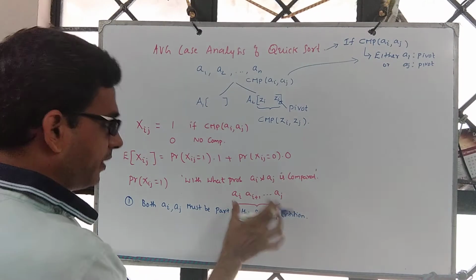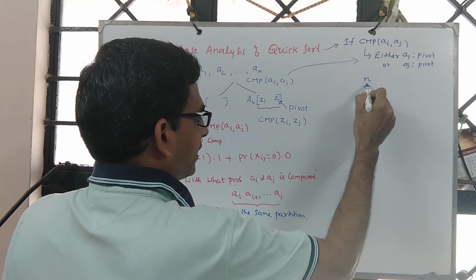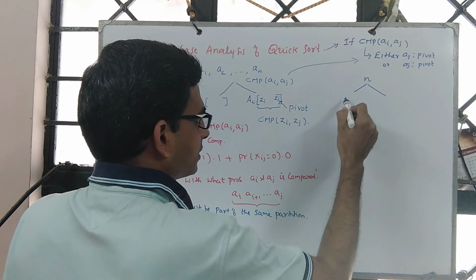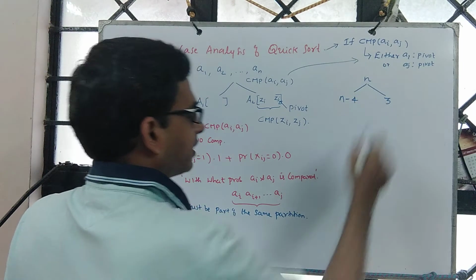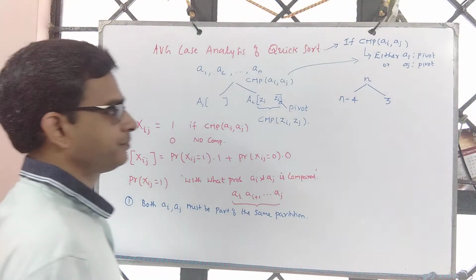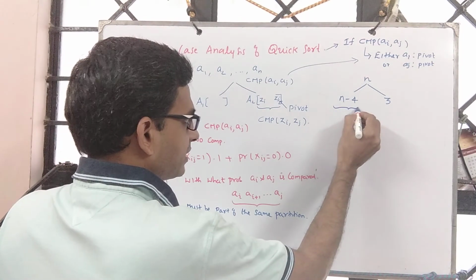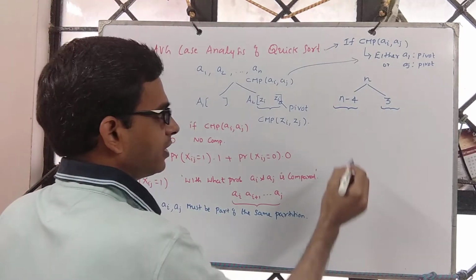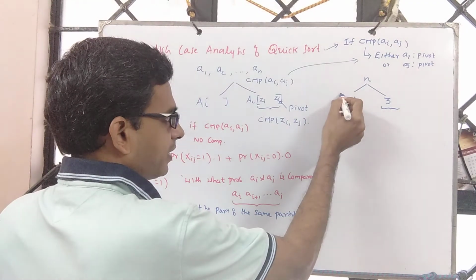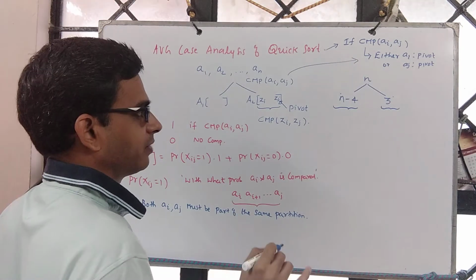And if it is like this, you start with n and then n becomes say n minus 4. On the other side there are 3 elements. We only compare two elements inside this partition. We never compare an element here with an element here. That's the first thing.